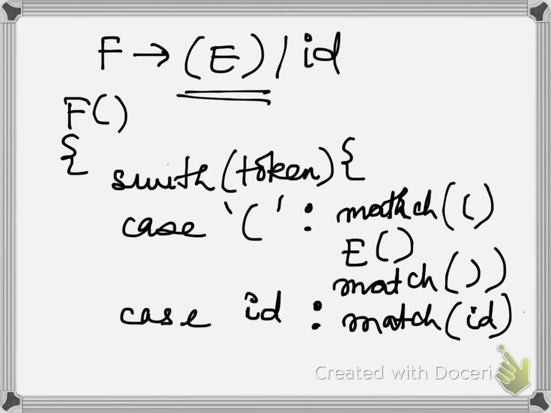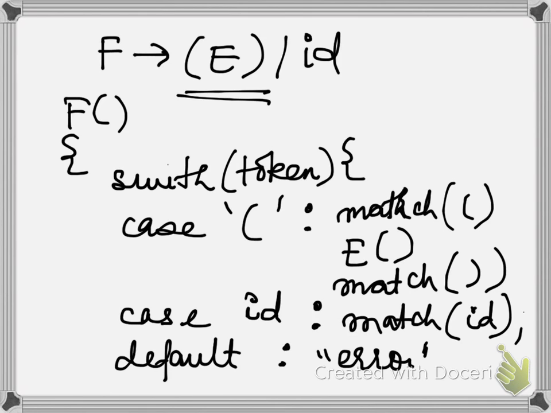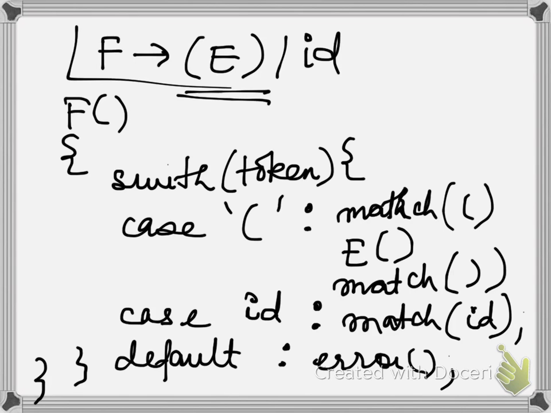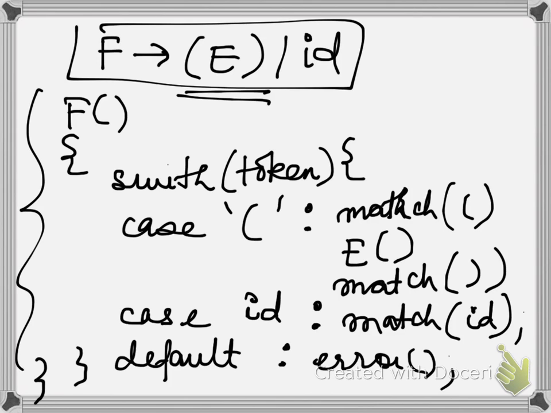If neither, that is default, then I will get an error case, and I'm going to call a function for error. This is our switch, this is our close. So for every production I have to write procedures of this manner.